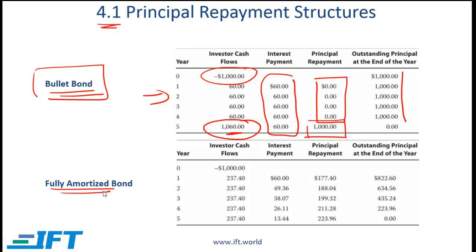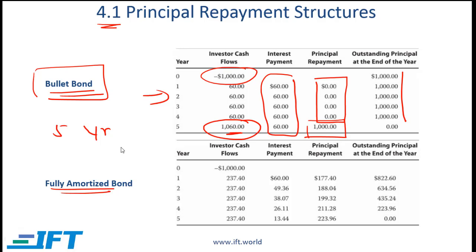Another scenario is a fully amortized bond. Here, an equal amount is paid every period. So, in this example, we have a 5-year bond. Each year is one period to make things simple.